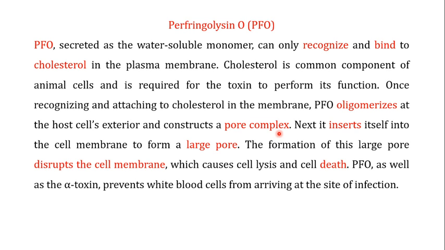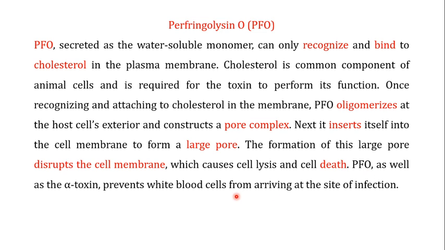When they make these oligomers, the next thing they do is insert themselves into the cell membrane by making a very large pore. The formation of this large pore disrupts the cell membrane, which leads to cell lysis and cell death.